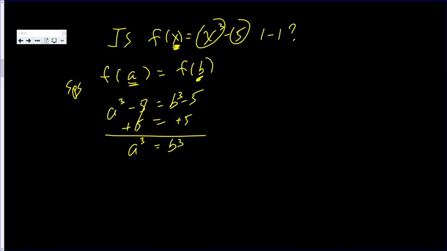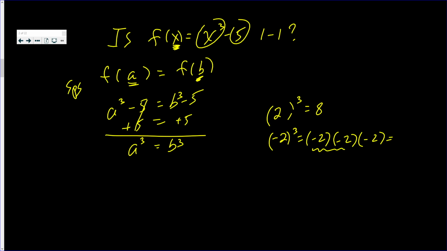Now, if you cube 2, you get 8. But if you cube negative 2, which is negative 2 times negative 2 times negative 2, negative times the negative is positive, times the negative is negative.